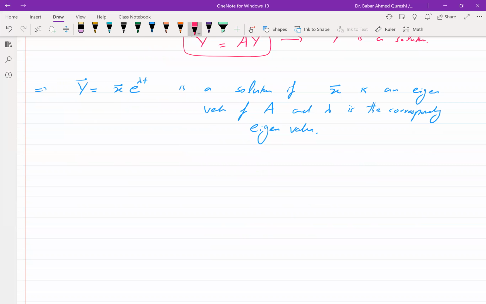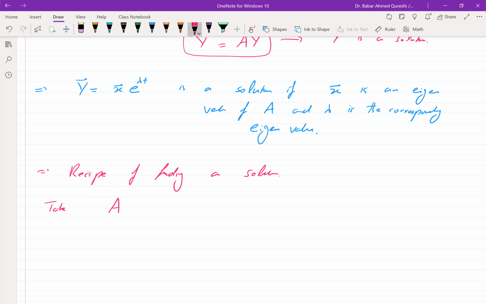So that means, how do you find the solution? This is the recipe of finding solutions. Take this A, which defines this linear system of equations.